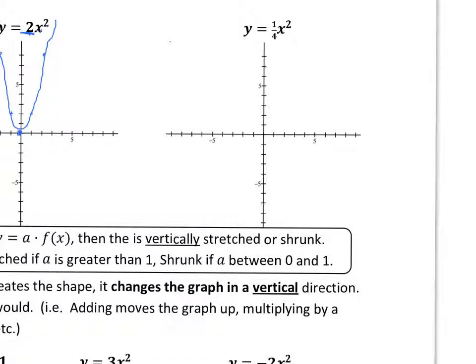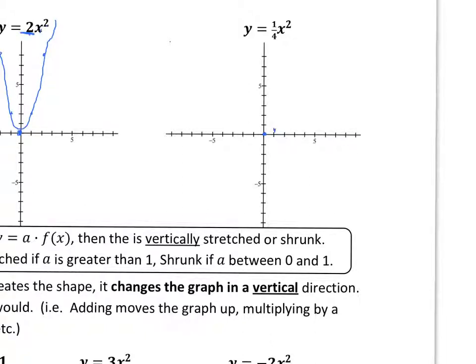Okay, now we have a fraction out in front. So what's it gonna do with it, Josh? Make it not skinnier. It's gonna make it wider. So instead of a vertical stretch, we're going to do a vertical squish, so we're gonna make it wider. Let's do our graphing technique. Where's our origin? 0, 0. We haven't shifted it anywhere. Now if I go right 1, I'm gonna go up how much? 1 squared times 1/4, so I'm gonna just go up a fourth.